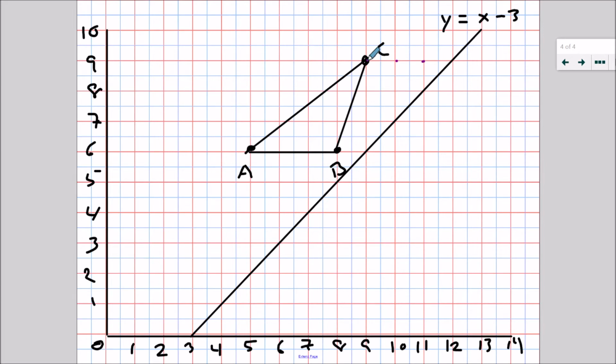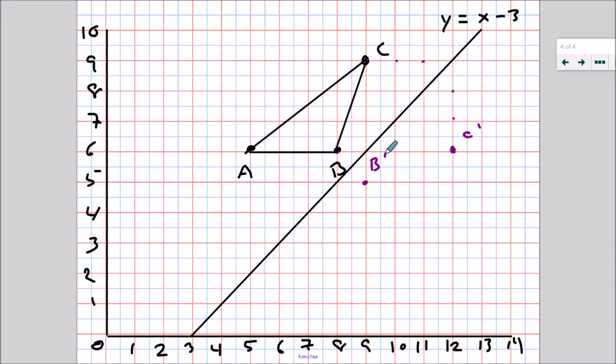So C prime is 3 down from the line because C was 3 left of it. B is 1 to the left, so it's going to become 1 down for B prime.